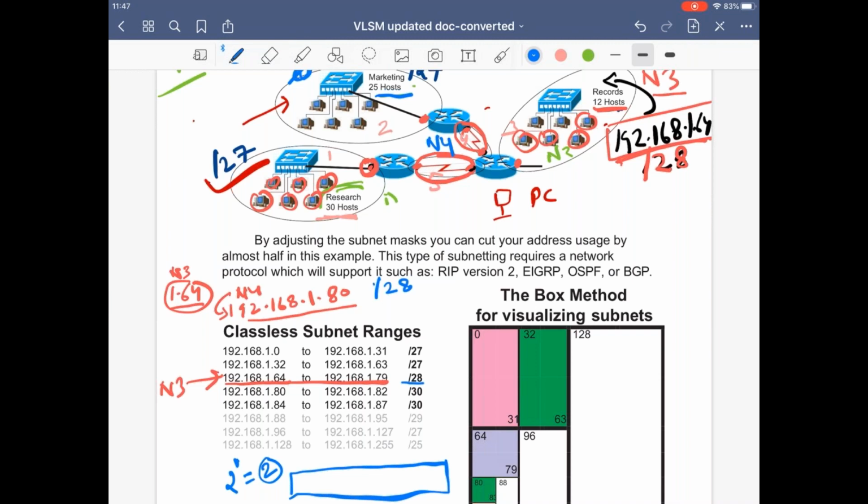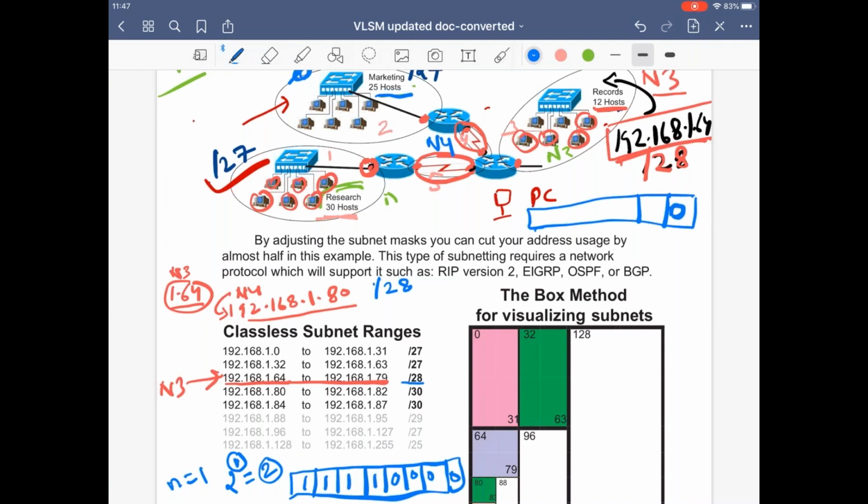We already had /28. /28 means the first 4 bits are 1 and the rest are 0. Now we need 2 hosts, so n equals 1 here.